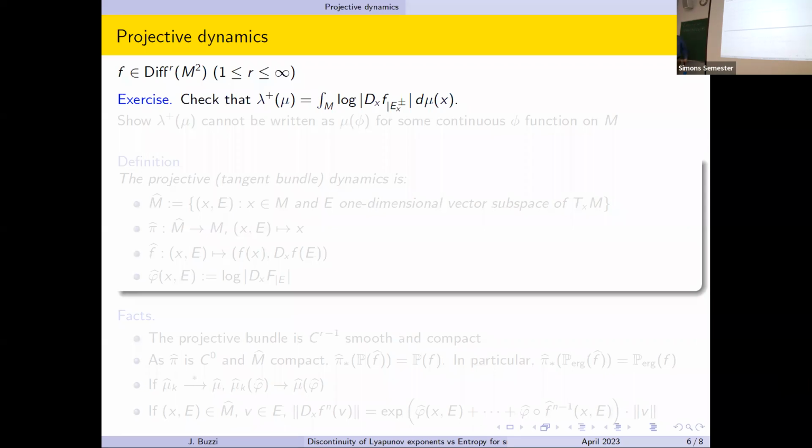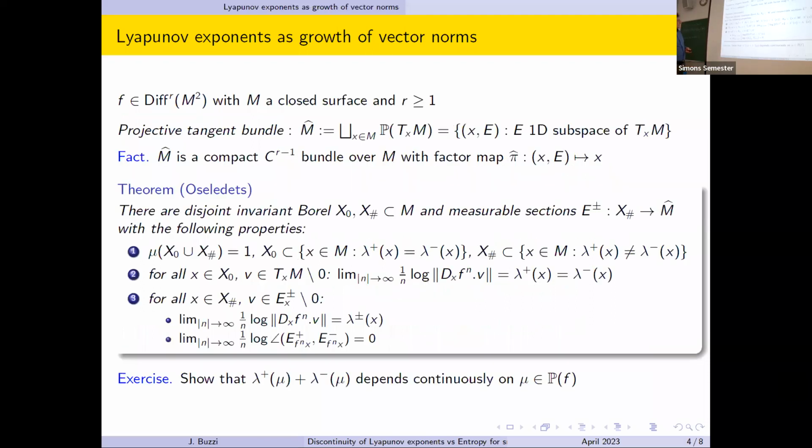I should have said that to define the Lyapunov exponent, I need to equip M with an arbitrary Riemannian structure. Here I have these norms.